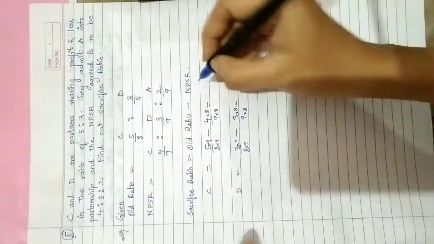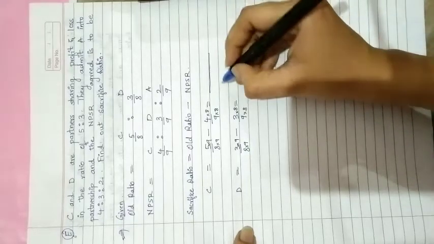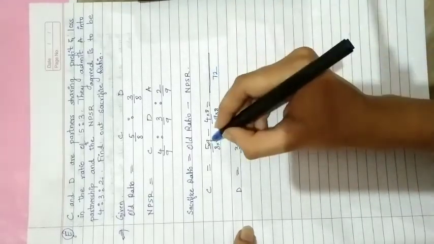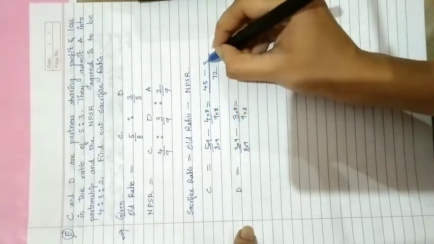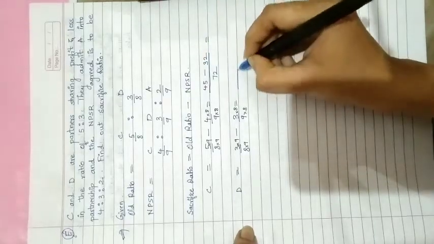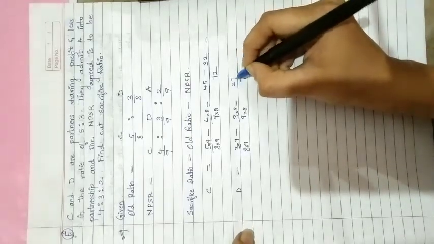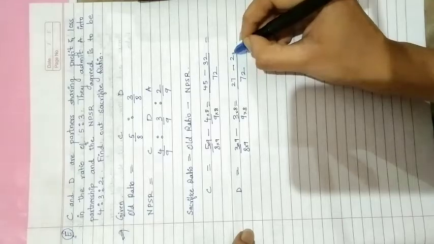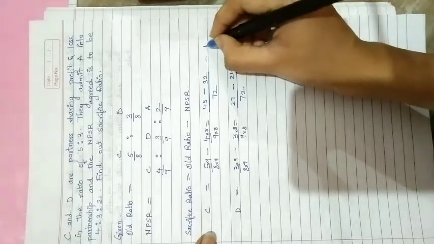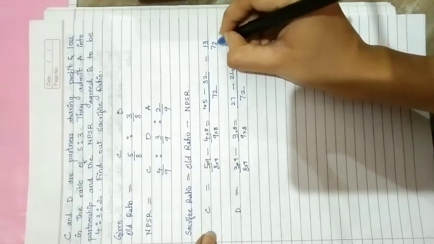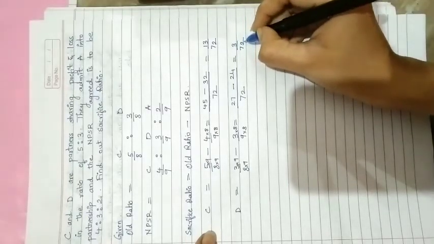Okay. Now, 8 nines are 72. 5 nines are 45. 4 eights are 32. 8 nines are 72. 3 nines are 27. 3 eights are 24. 45 minus 32 comes to 13/72 and this comes to 3/72.